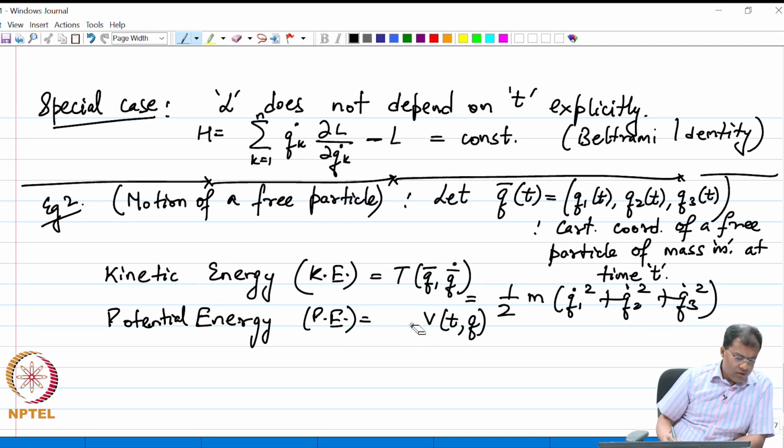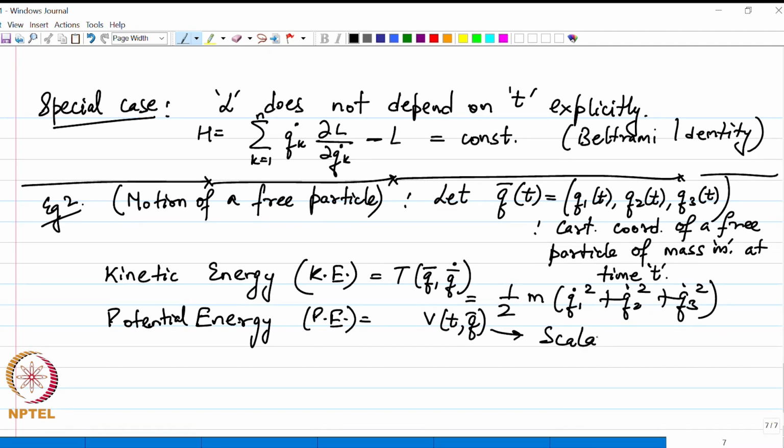Of course, this potential energy is a scalar function of a vector, because this is an energy, so it must be a scalar function, and it can also describe the forces. The force is described by the gradient of this potential with respect to this coordinate vector. So, this is standard Newtonian mechanics. The gradient of the potential with respect to the position gives us the net force on the particle, right.